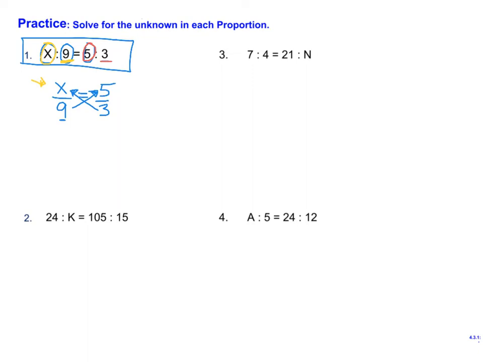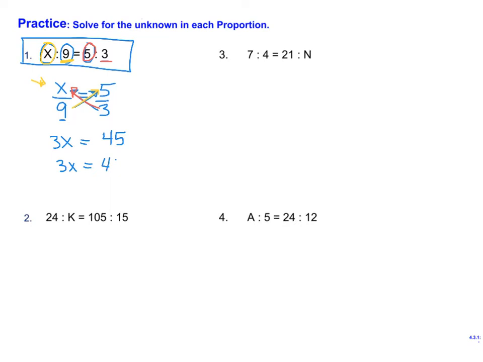So on the one side, when you do 3 times x, you end up with 3x. And on the other side, when you do 9 times 5, if you took your calculator out, you would end up with 45. So you end up with 3x equals 45. Now, I'm just going to rewrite this, so 3x equals 45.